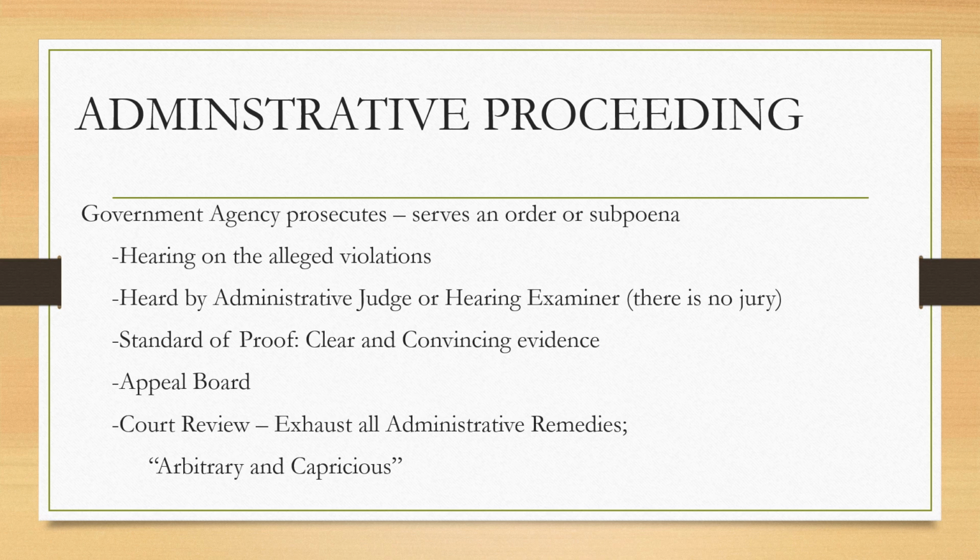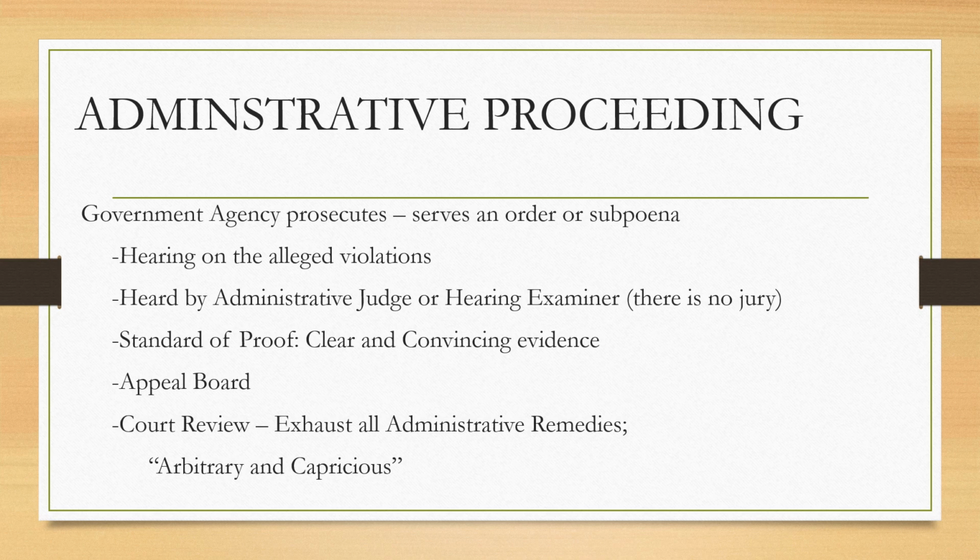It only looks to see if the judge or the board acted arbitrarily and capriciously. Again, that is a very tight standard. The only thing the court can do is toss it back to the administrative agency. They can't say, I'm going to change this decision. If they feel the decision was made arbitrarily and capriciously, meaning there's no real basis for it, they throw it back for a new hearing and a new proceeding.